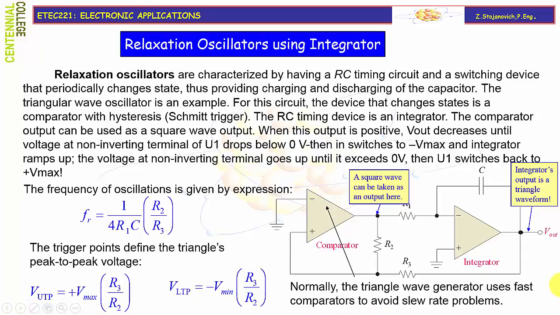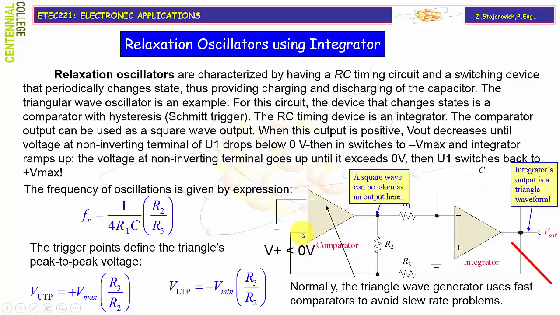So if you look at the schematic and you look at the output of the comparator, if this output is high, positive, Vout of the integrator decreases until the voltage at the non-inverting terminal of U1 drops below zero.